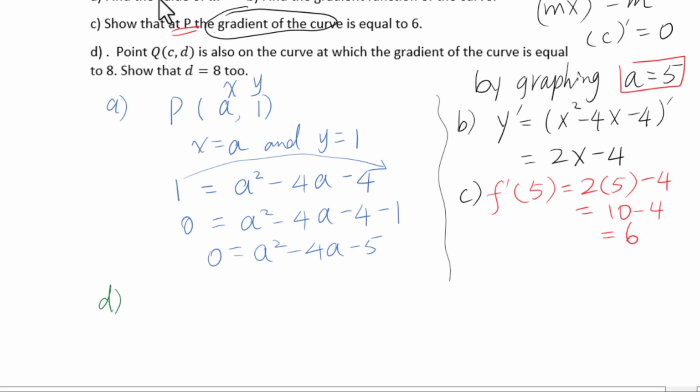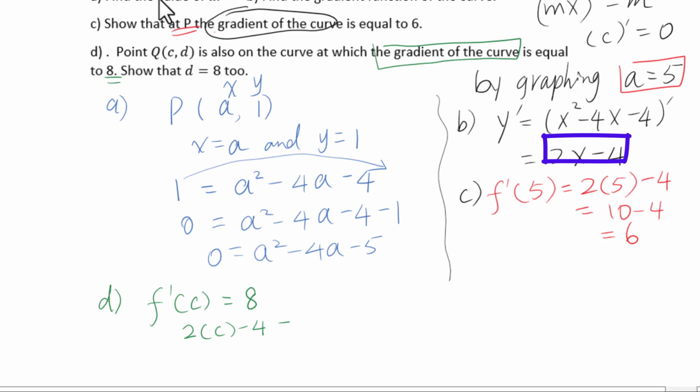Let's go to D. Point Q (c, d) is also on the curve at which the gradient of the curve is equal to 8. Show that d equals 8 too. The gradient of the curve means f prime of c equals 8, which means 2 times c minus 4 equals 8.